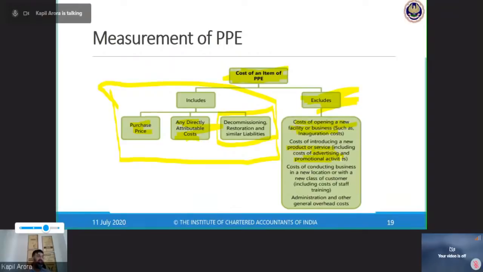Now I am doing promotion, I am doing advertisement on Facebook, YouTube, TV, everywhere. If I am doing advertisement expense, it will never be added in the value of asset. Why? Because whatever expense you are doing on the advertisement, you never know whether you will be able to recover that amount or not. Whether people will like your advertisement or not. So that is the reason all promotion related expenses will never be added.